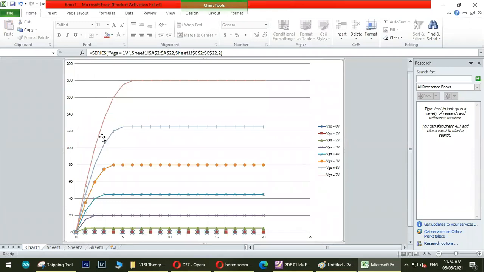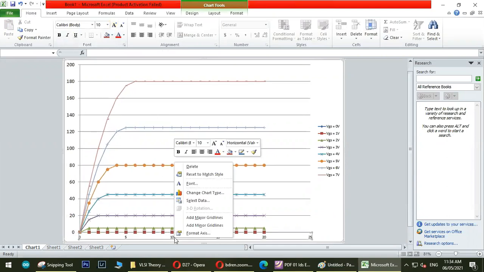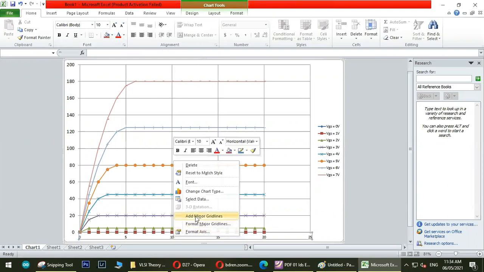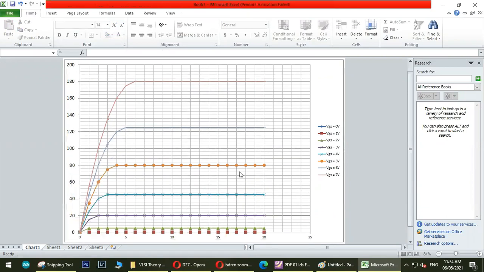I want a graph like that. Now, how can you make this graph more beautiful? You can do some formatting. You can increase the text size. You can give some major grid lines, then some minor grid lines.